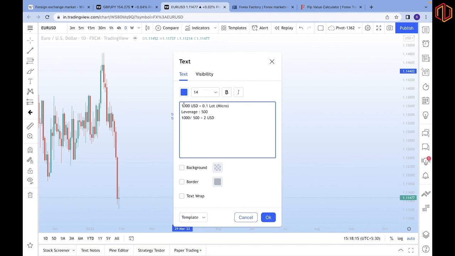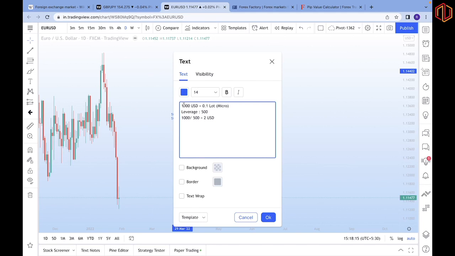I'm sorry, this is not 0.1, this is 0.01. One lot is 100,000, 0.1 lot is 10,000, and 0.01 lot is 1000. This is called a micro lot, which is worth 1000 USD.